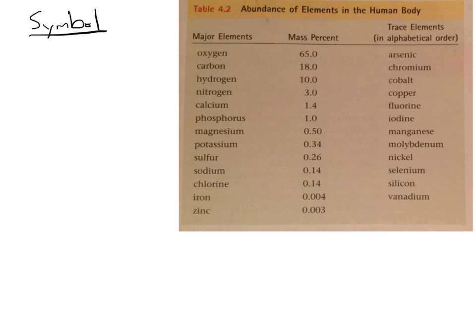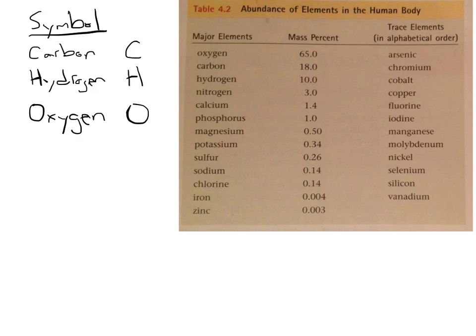So the elements that we're going to use the most, some of these are carbon. And carbon has this symbol C. So get used to seeing carbon. Hydrogen has the symbol H. Oxygen has the symbol O. And right now we could draw H2O.